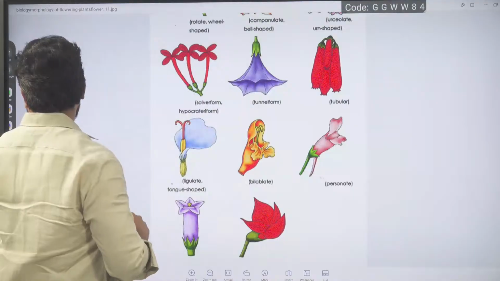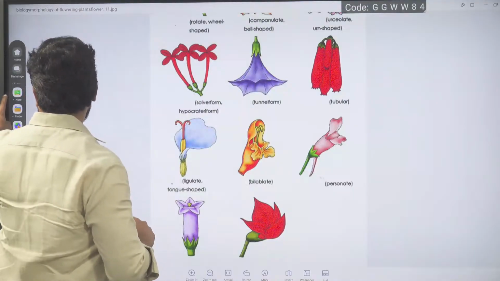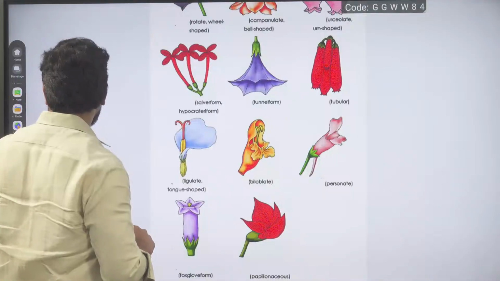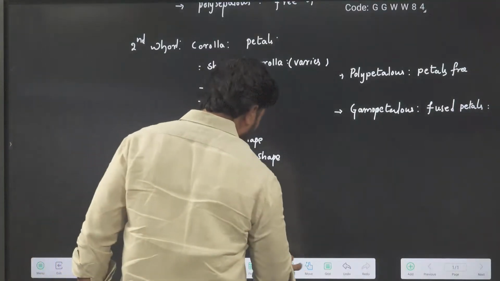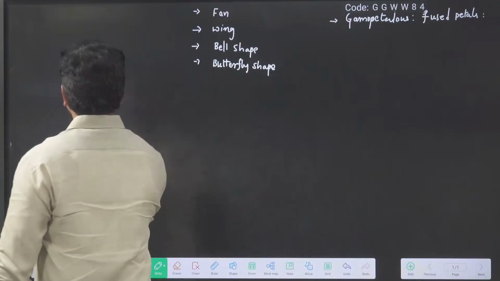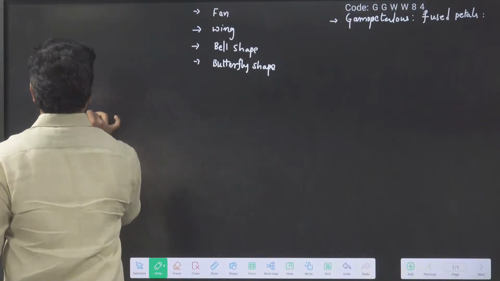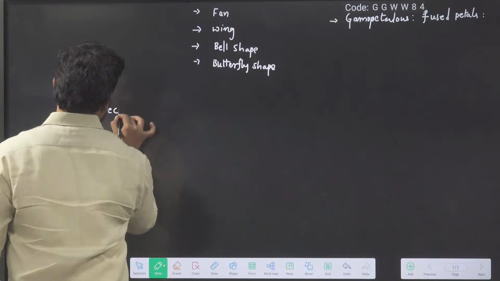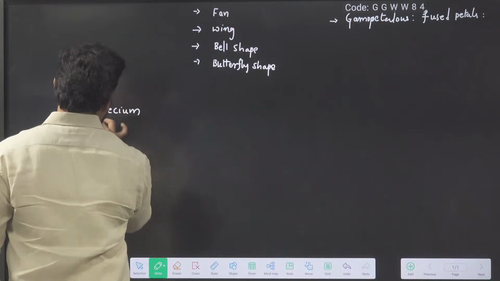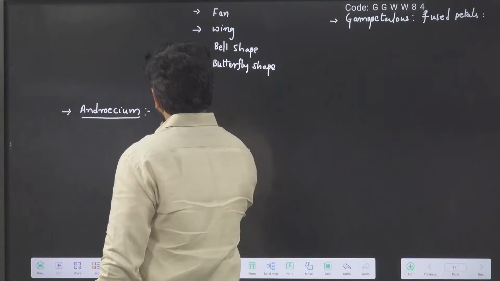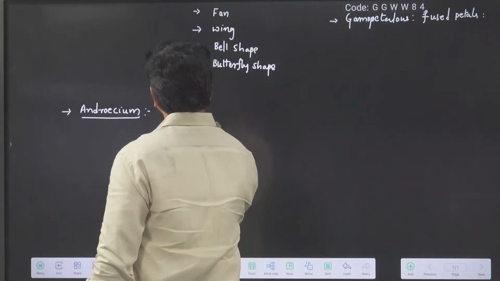Go to the concept called Gynoecium. Or before Gynoecium, let us take the concept Androecium. Now tell me, which whorl is it? Third whorl.